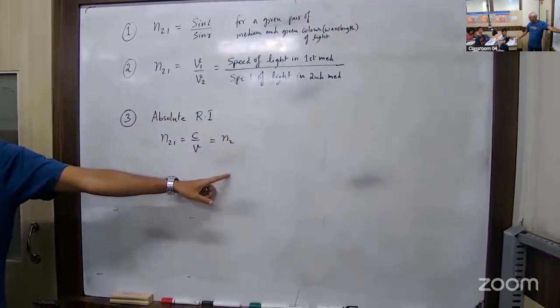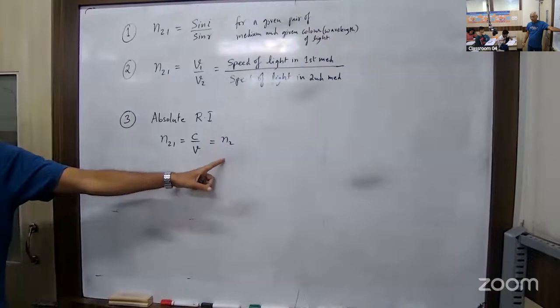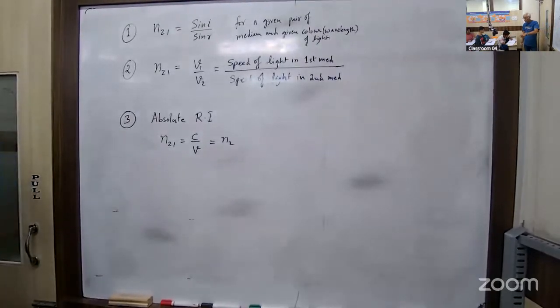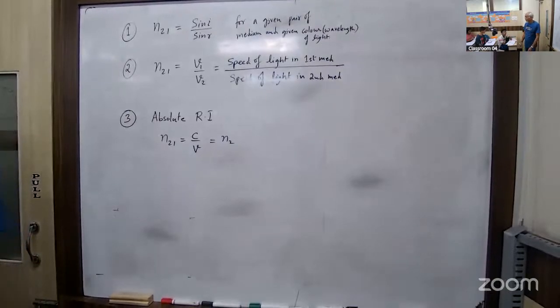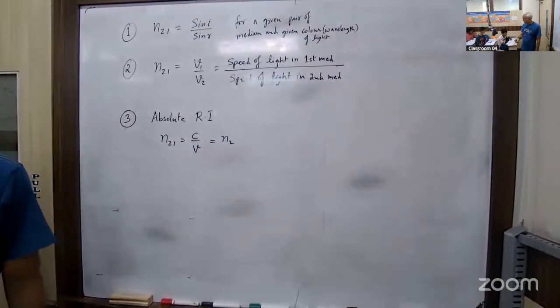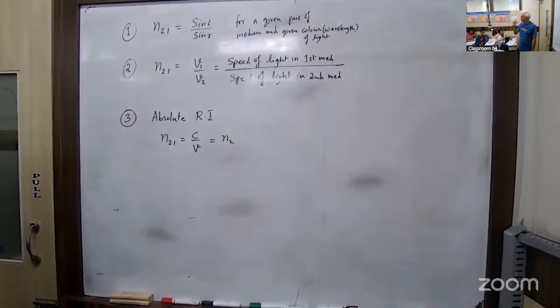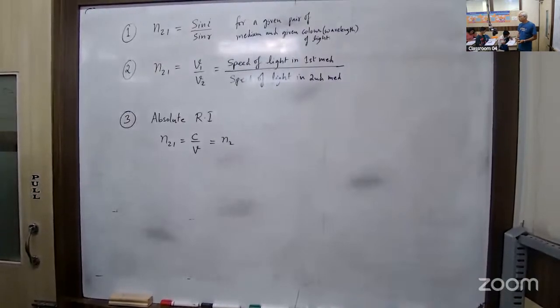So all the table that is there in your volume and textbook, all the refractive indexes are with respect to air. When the substance is mentioned with the refractive index value, it means it is with respect to air. Got it?